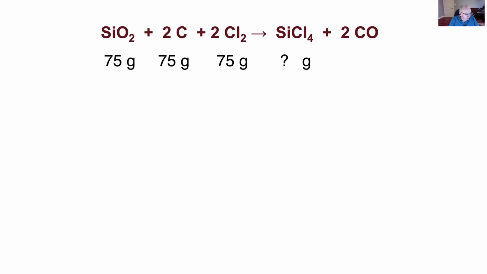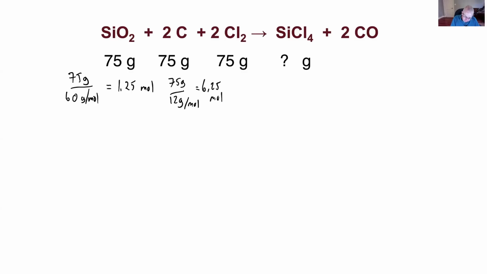I know I have 75 grams of SiO2. So if I take 75 grams and divide that by the molar mass, which for SiO2 is just about 60 grams per mole, I get 1.25 moles. Here I get 75 grams over 12 grams per mole. So I get 6.25 moles.